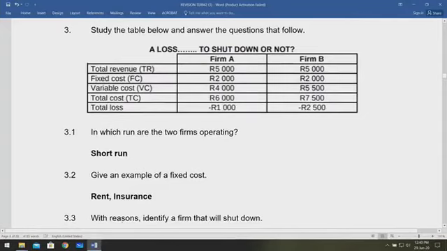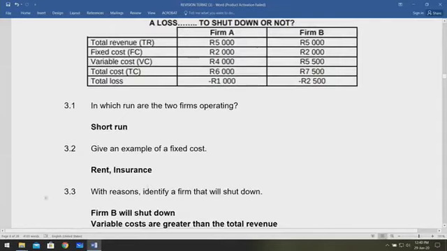With reasons, identify a firm that will shut down. If you look at firm A or firm B, which firm would you think would be more likely to shut down? Just by looking at their loss, you can already see that answer, right? Because you can see firm B's losses are way greater than firm A's losses, okay?